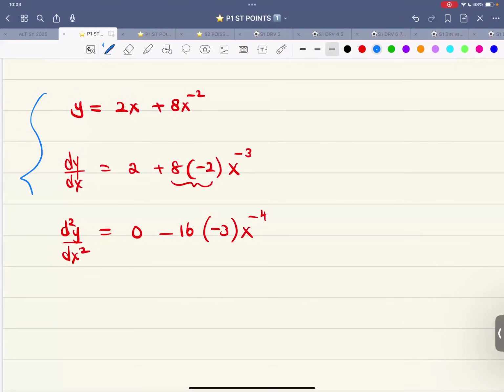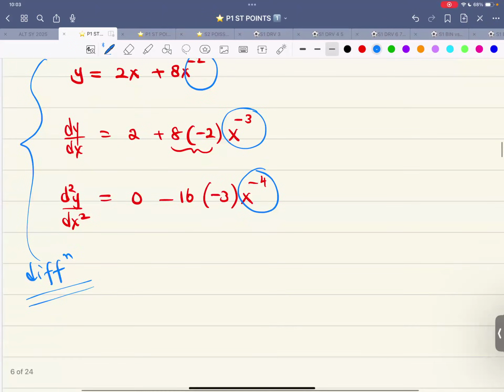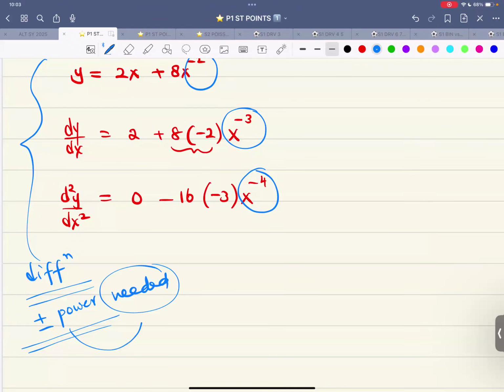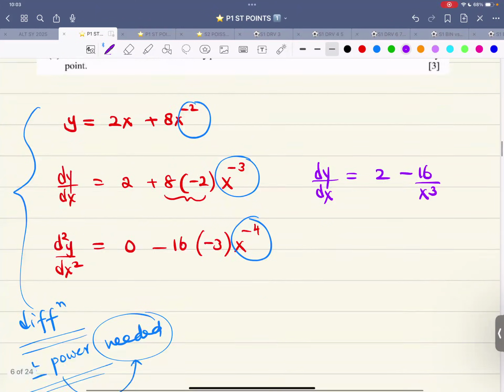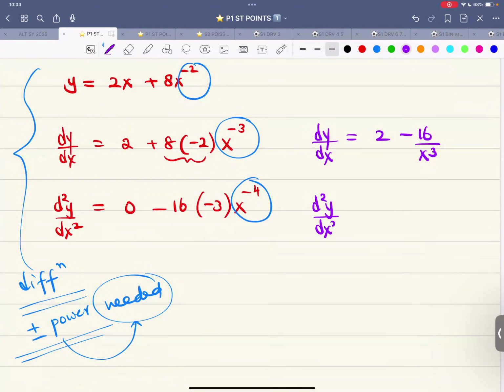Now, for the purpose of differentiation, we need this format in which the variable is on the top. So negative index, or power, that is what is needed in order to carry out differentiation. But for the rest of the working, we need this. So dy by dx is 2 minus 16 over x cubed. And d square y over dx square, that is negative 16 times negative 3, that is positive 48 over x to the power 4.